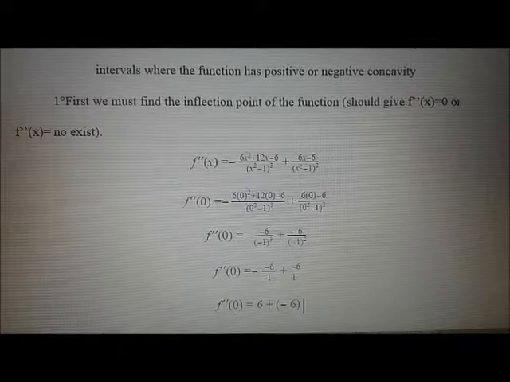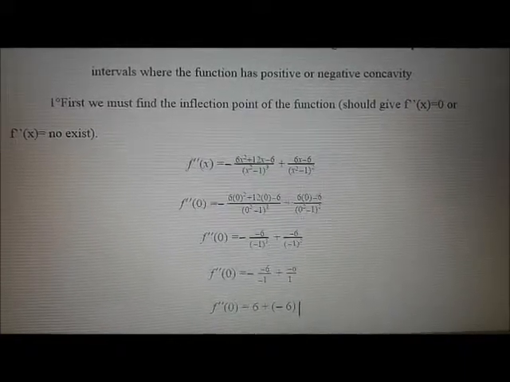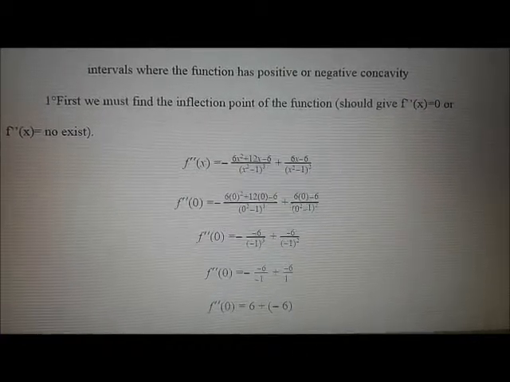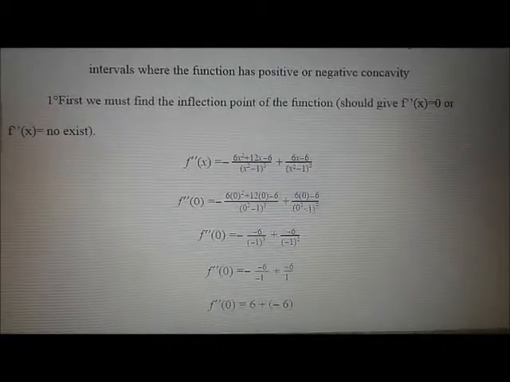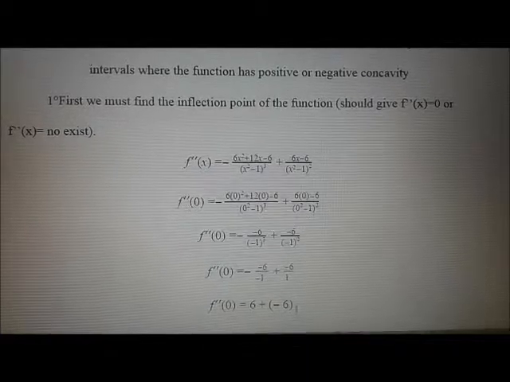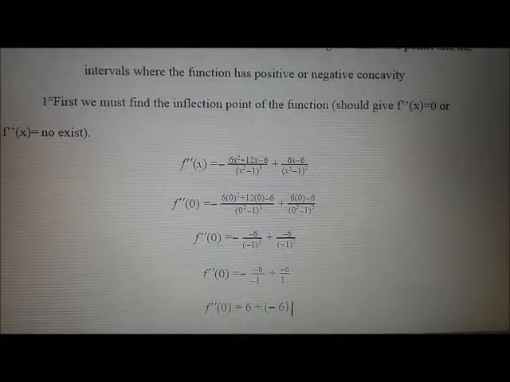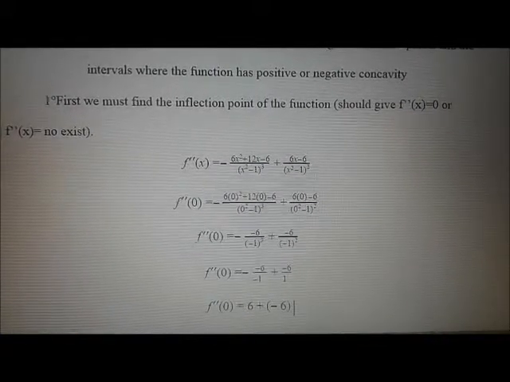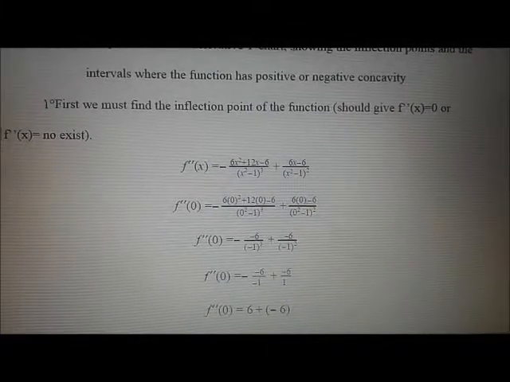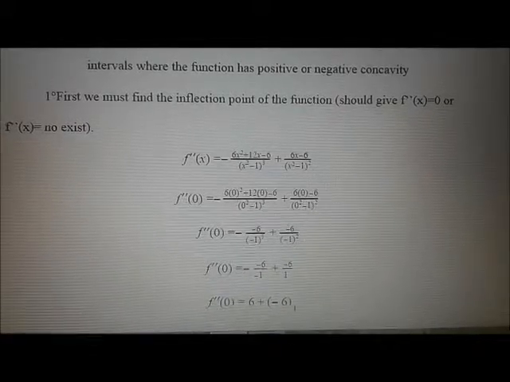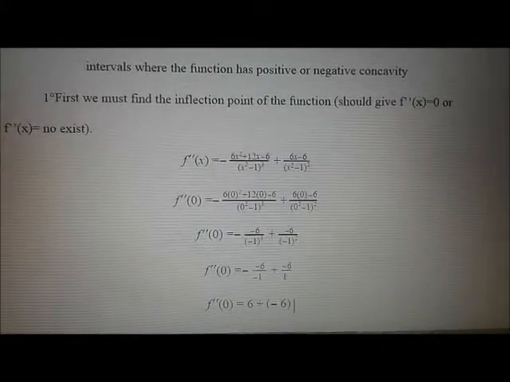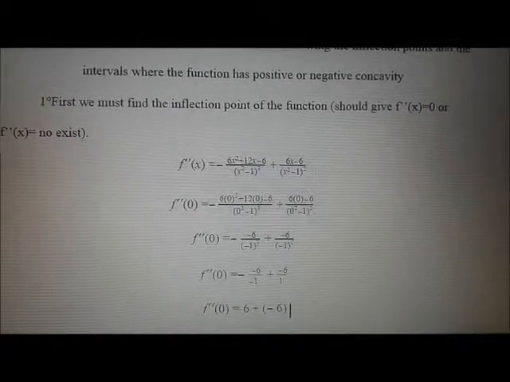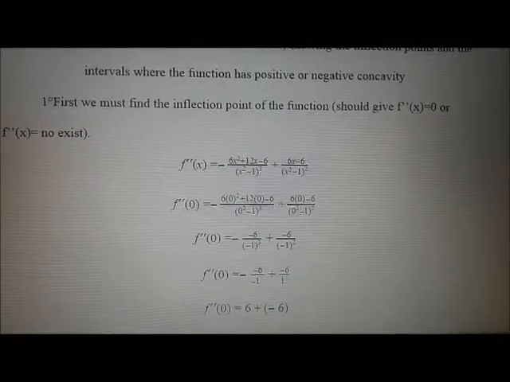So the second derivative when x is equal to 0 is equal to (−6 multiplied by 0² plus 12 multiplied by 0 minus 6) divided by (0² − 1) to the cubic, plus (6 multiplied by 0 minus 6) divided by (0² − 1) to the square.